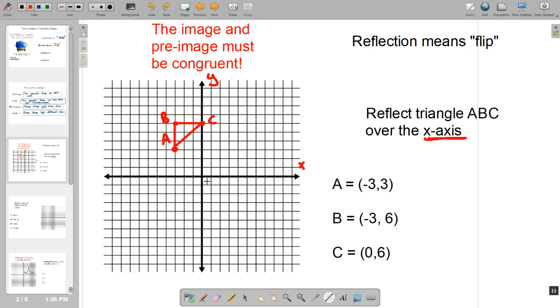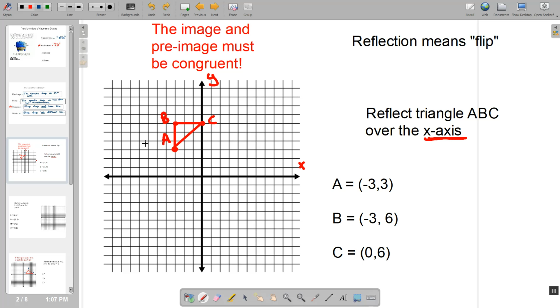So now the rules for flipping over the x-axis is, we think about the x-axis is right here, and point A is going to flip over the x-axis, and it's going to flip down like this. So if you took a piece of paper and you folded it in half, you would create the shape on the opposite side. But obviously, since we're on a computer, we don't want to do that.